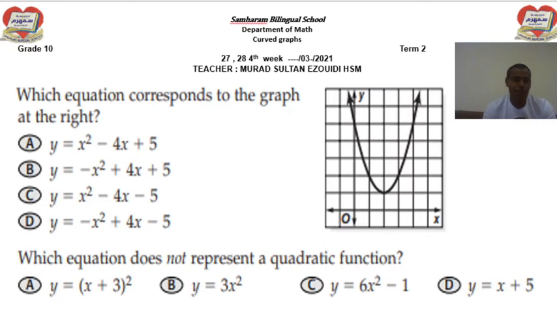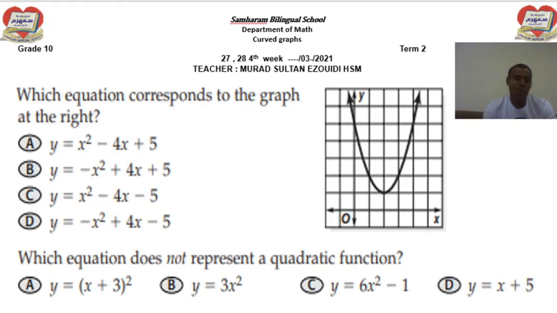Here, y equals x plus 1 plus 3 squared is a quadratic equation. You will expand this and it will be x squared plus 6x plus 9. And y equals 3x squared is, of course, a quadratic equation. Here y equals 6x squared minus 1 is a quadratic equation because the highest power is 2, and also here the highest power is 2.